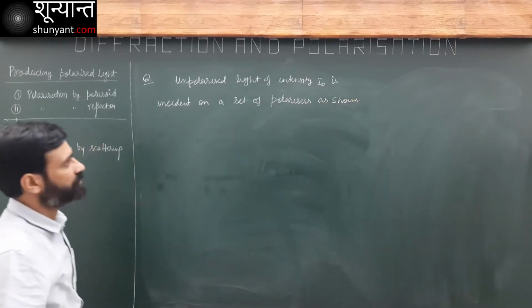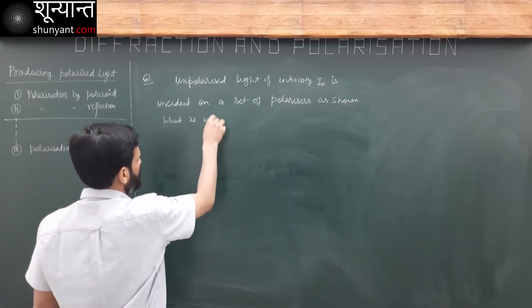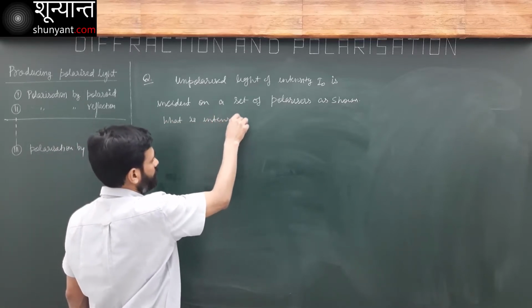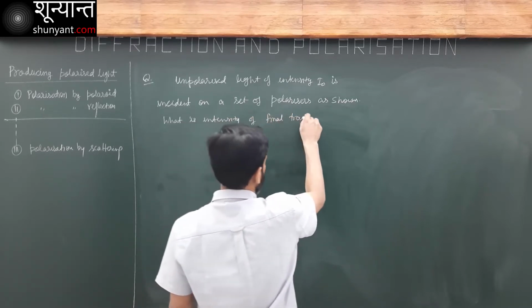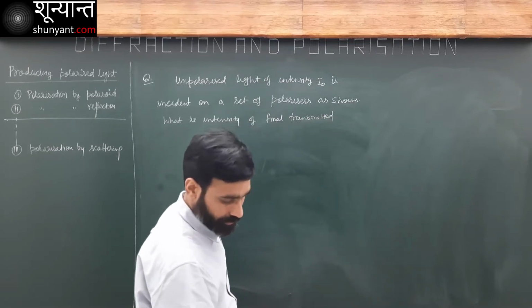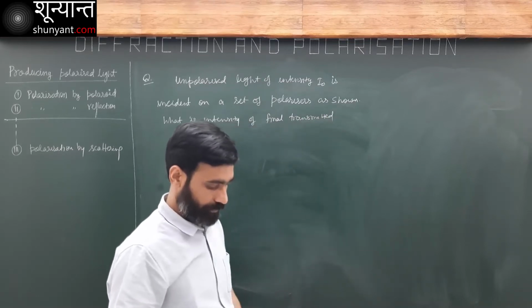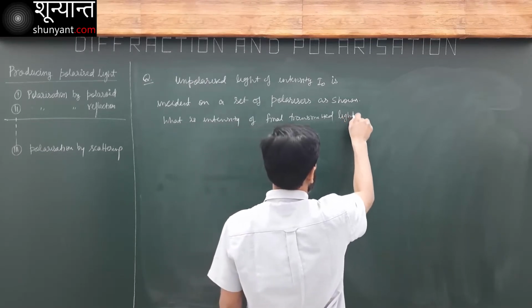What is the intensity of the final transmitted light? Okay, so I have this set of polarizers, and the final transmitted light.